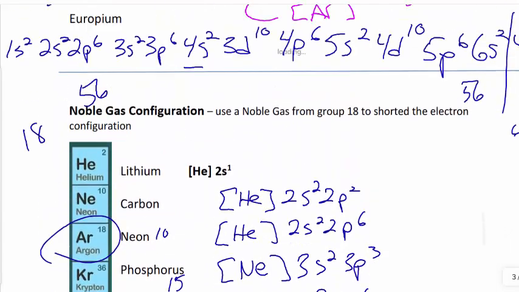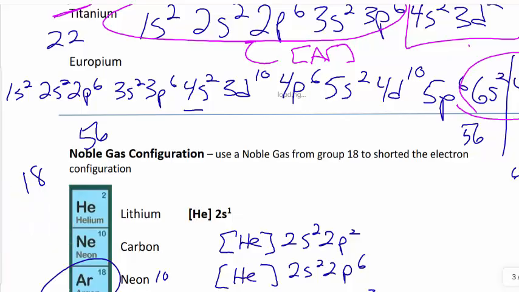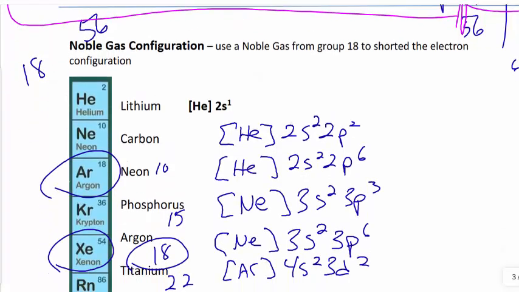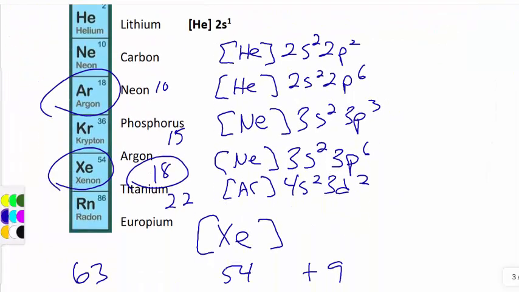If we go back to our example, the last 9 electrons, these ones here, have been added after the last noble gas. So we're shortening this quite a bit, because we're taking that first string and saying it's like xenon, and then using this last part at the end of our example. So 6s2, 4f7.